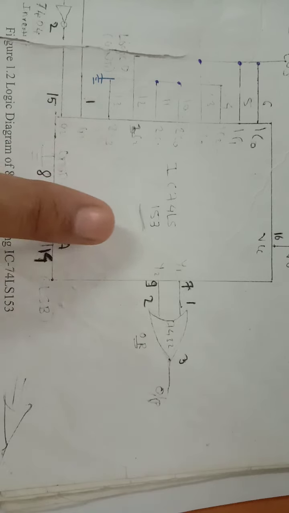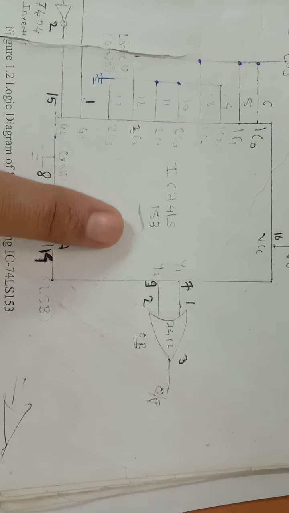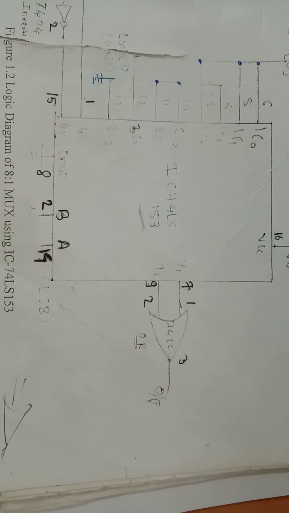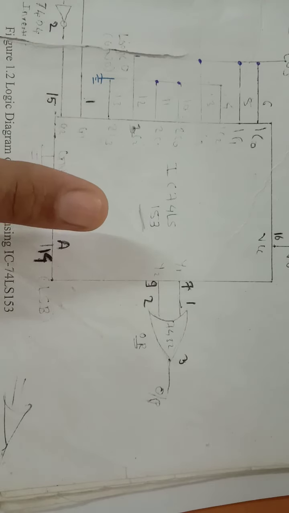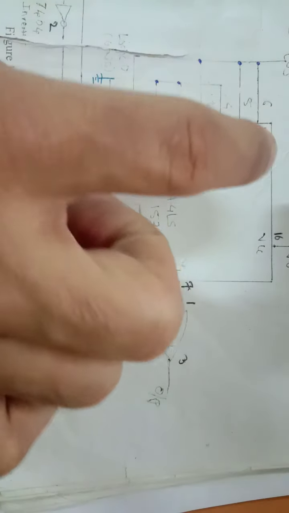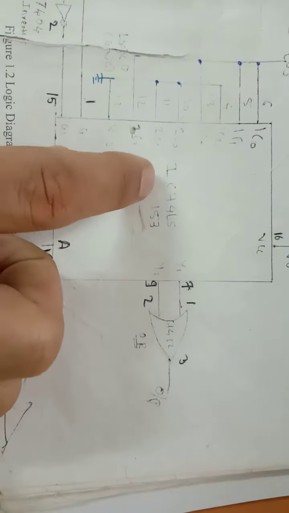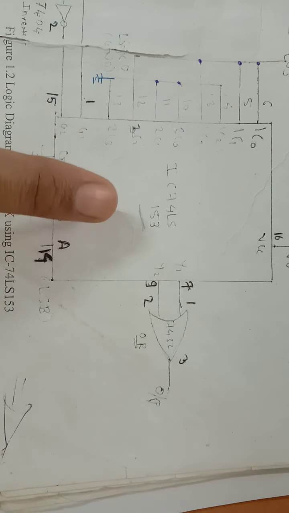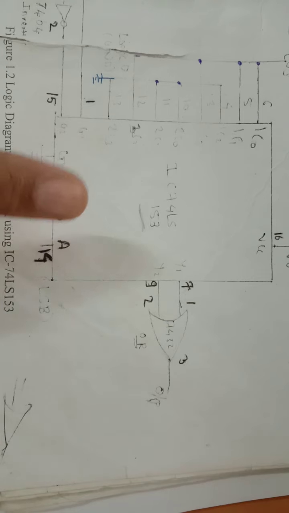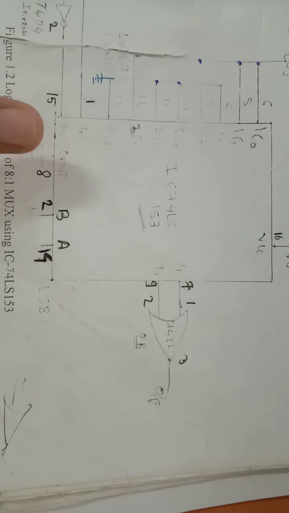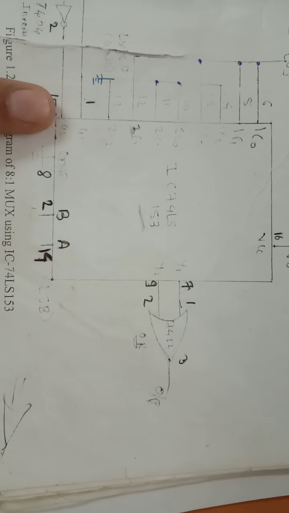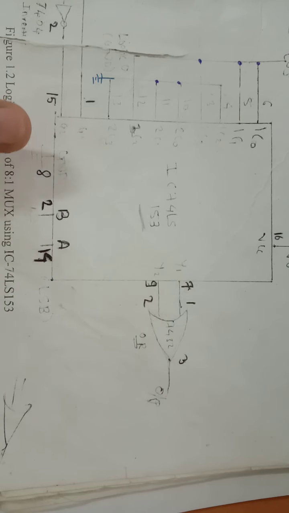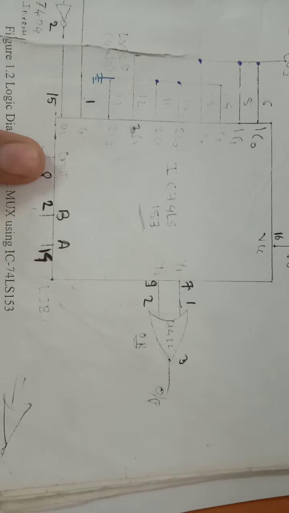This IC 74LS153 is a dual 4 to 1 mux, meaning it has two 4 to 1 muxes available in it. Whenever making such a logic diagram, we have to refer to the data sheets of all the ICs we are using in the practical.